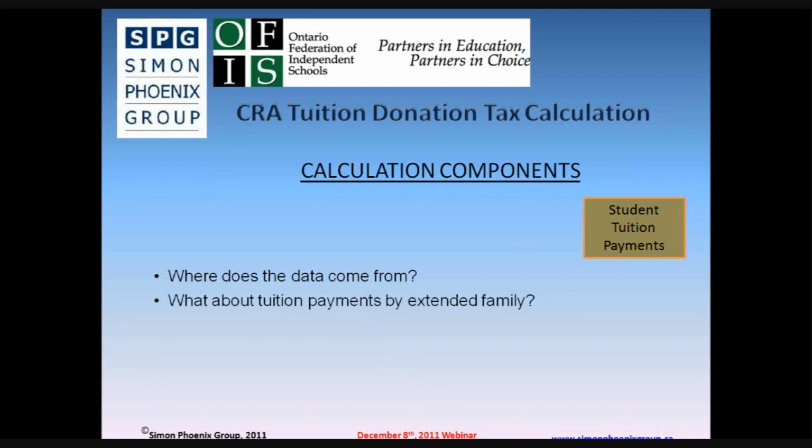Tuition payments by extended family members. This is another one of those complicating factors in the calculation. If you have multiple tuition payors for a single student, then of course the net secular cost for that student really should be allocated between those payors.